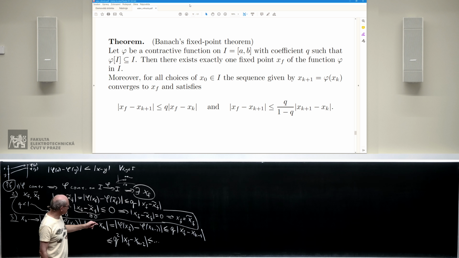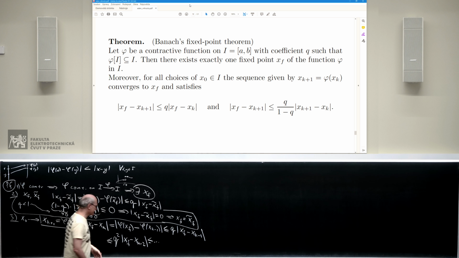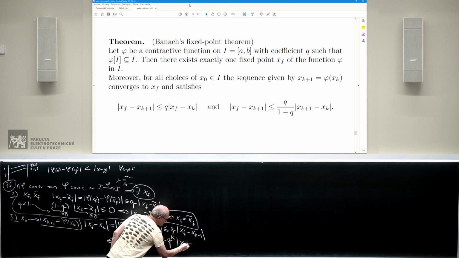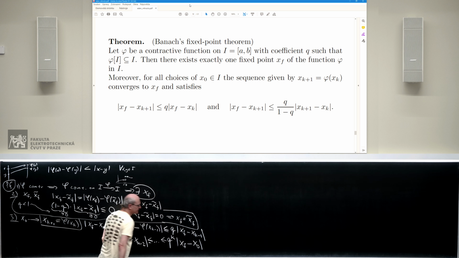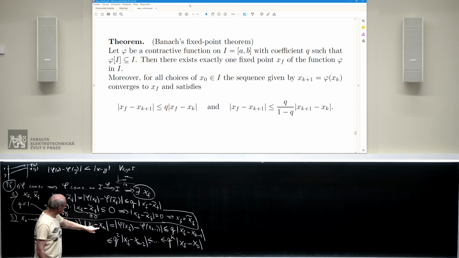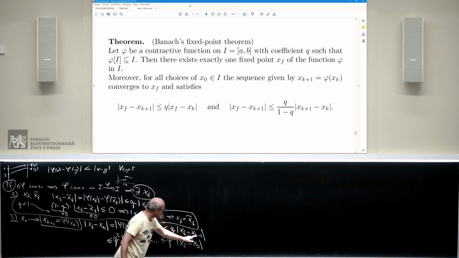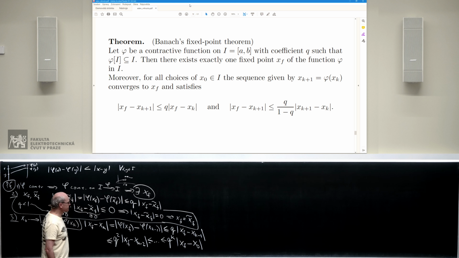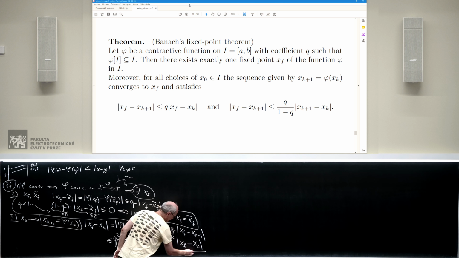How many times can I afford to do it? And the answer is essentially k times. And this requires a little bit of thinking, not too much. And after you repeat this k times, you get to x naught. For instance, if k is equal to 1, then after one step you get to x0, and you have one q here. Okay, so this all fits nicely. So, I have a nice inequality here.